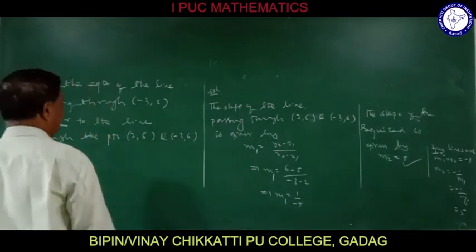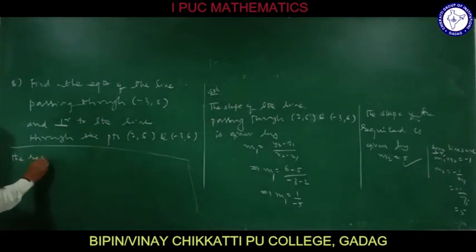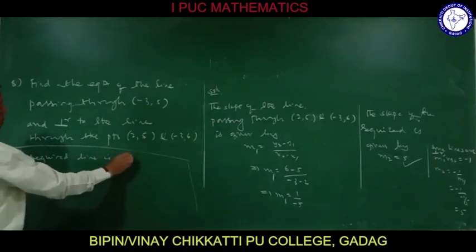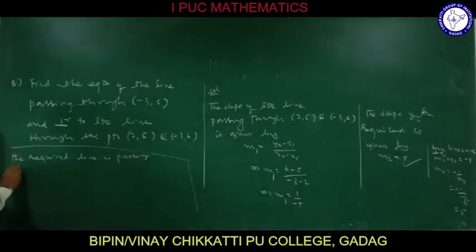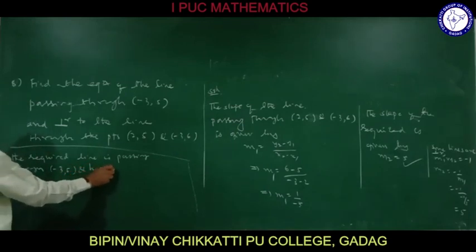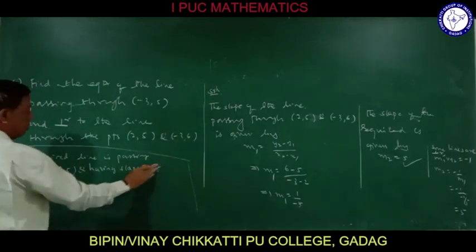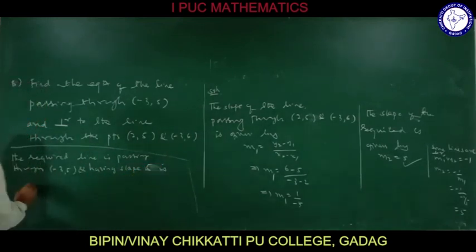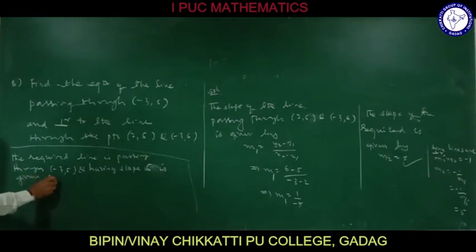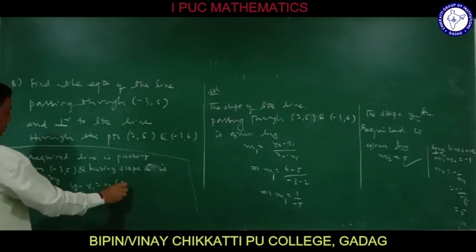Now, the final answer: the required line is passing through (-3, 5) and having slope 5. It is given by the slope-point formula, y minus y1 equals m into bracket x minus x1.